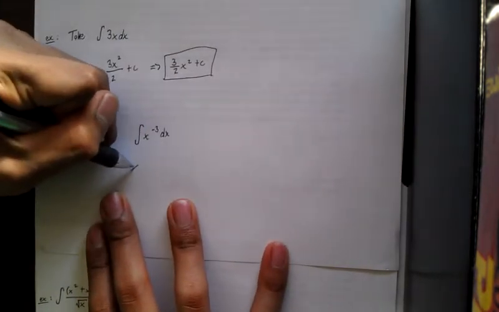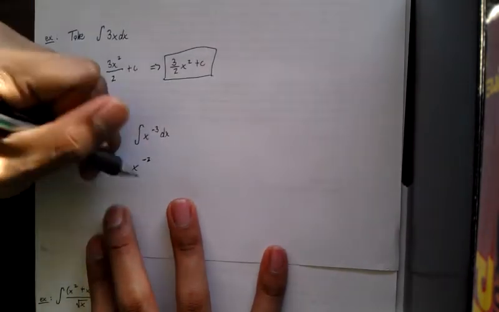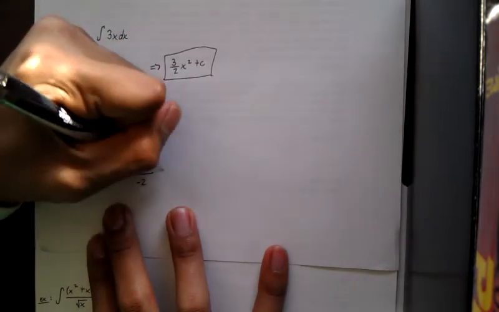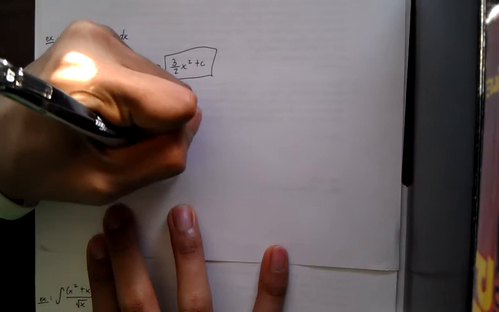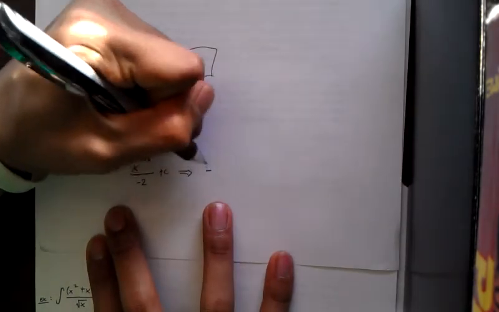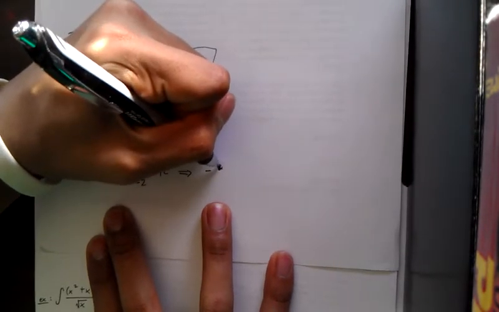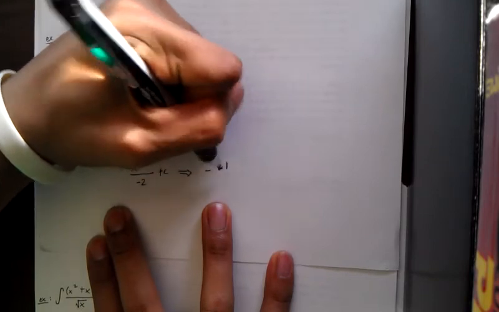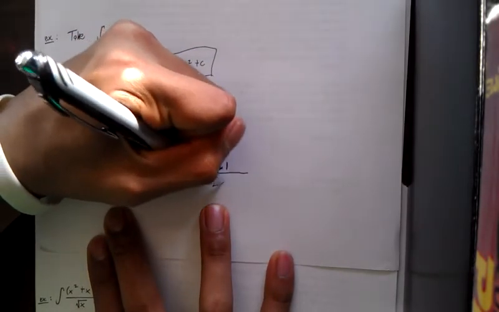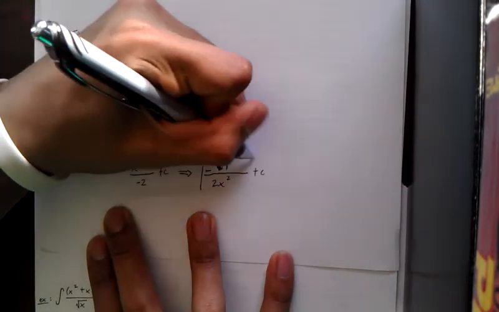Raise the exponent by 1, so it goes to negative 2. Divide by your new exponent, which is negative 2. Add your c, and then when you simplify that, you get negative 1 over 2x squared plus c.